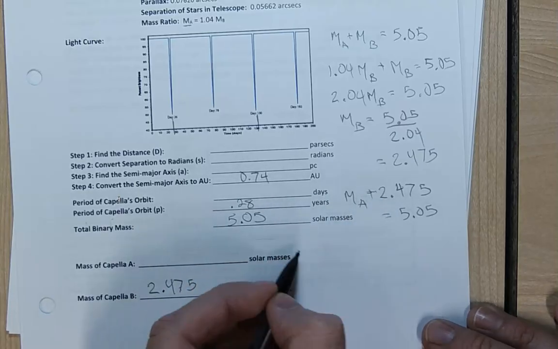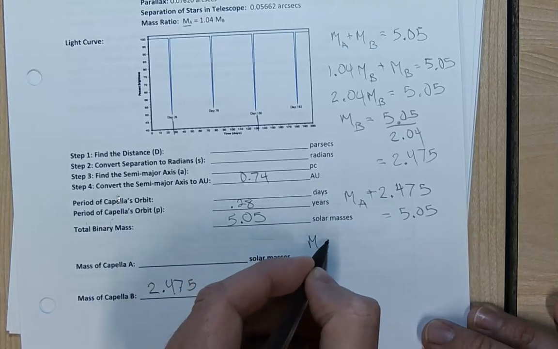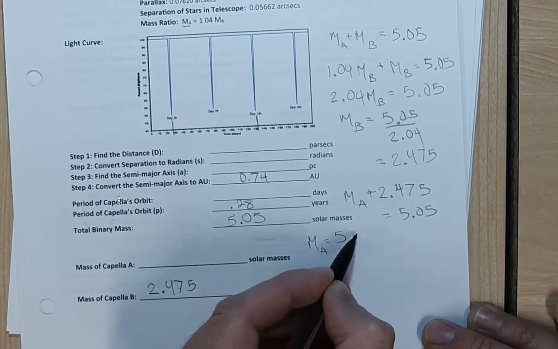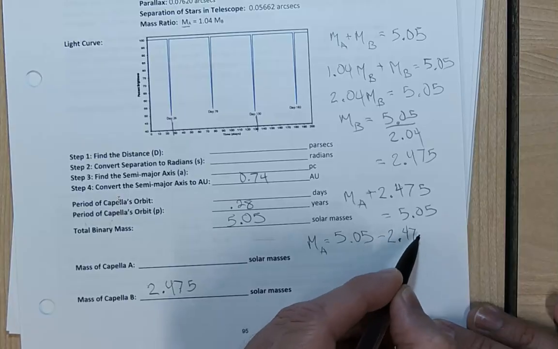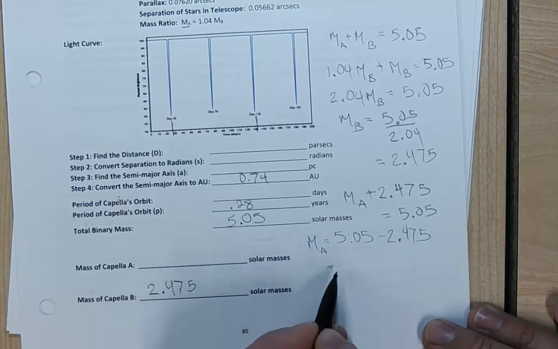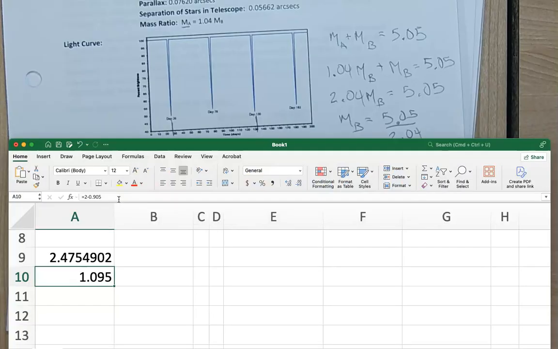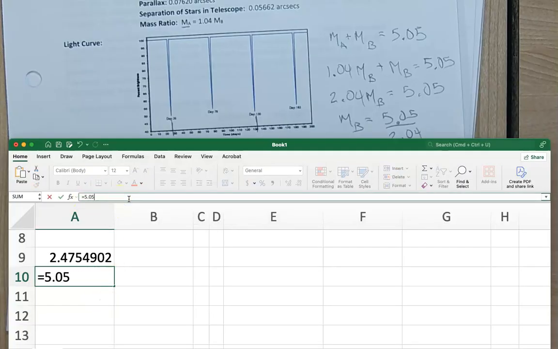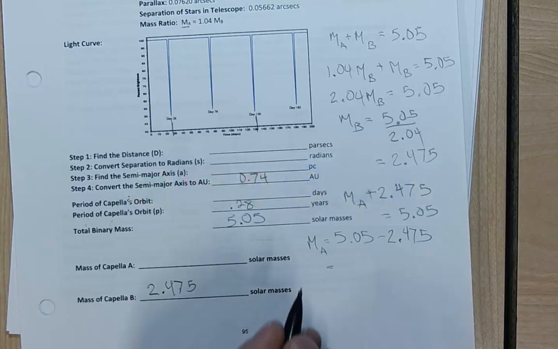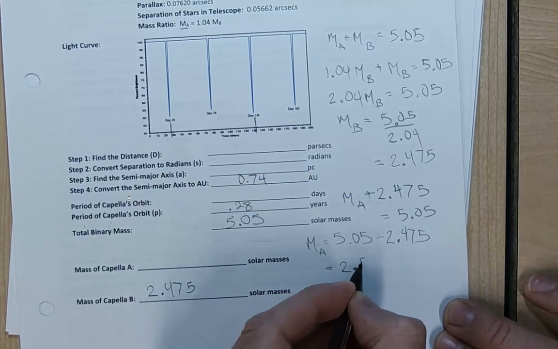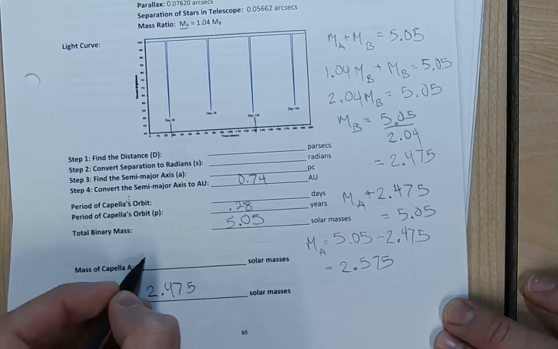Subtract this from both sides, and MA equals the total mass minus the mass of star B, which is then 5.05 minus 2.475, 2.575.